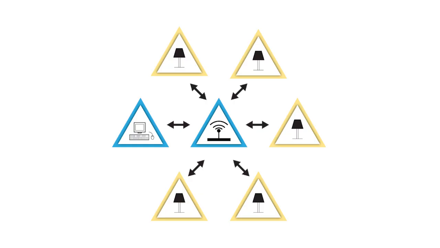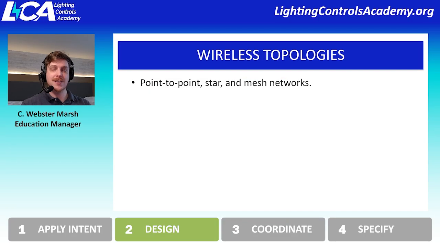And so as a result, we'll see a similar kind of architecture with a star topology where we're daisy chaining devices together, but the devices that are chained together are just for communication purposes, and any devices like sensors or switches or keypads need to connect back to a router.